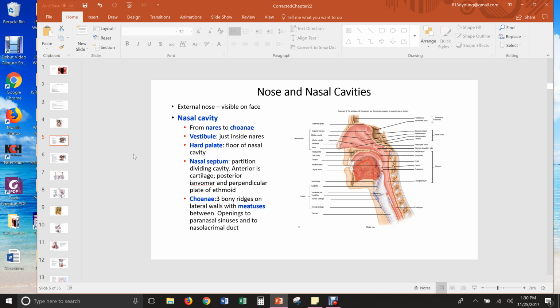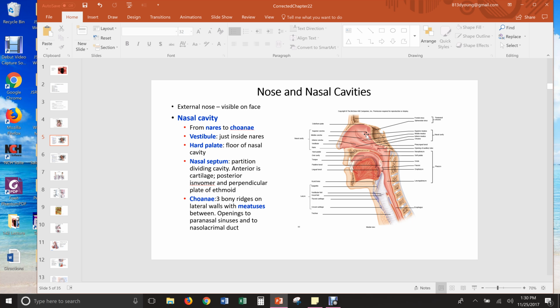When we look at these areas of the respiratory system, the nose and the nasal cavities, one of the reasons that this is so important is in the structure that we have for the nasal cavity, we're going to see that we have these three little flaps that are right here.